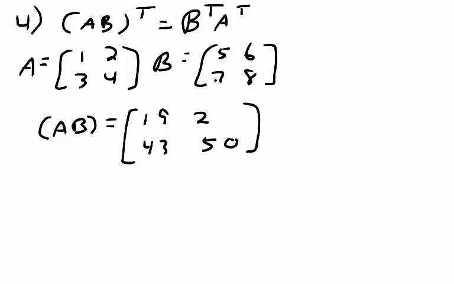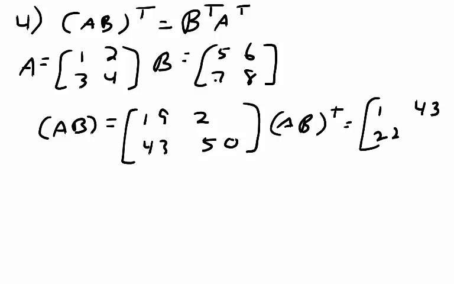Now let's take the transpose of A times B. So AB transpose equals 19 and 22 for the first column, 43 and 50 for the second column. Now let's take the transpose of B times the transpose of A. So here we have B transpose.